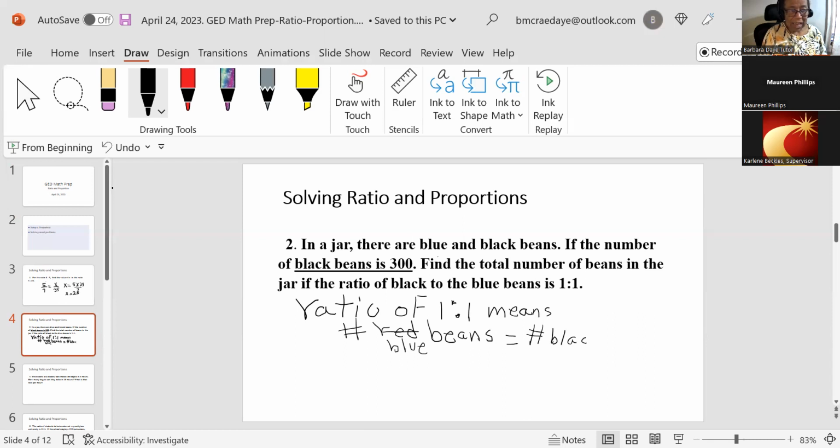But if they gave you the number of black beans is 300, that means the number of blue beans has to be 300, right? But the problem tells you that there are 300 black beans.